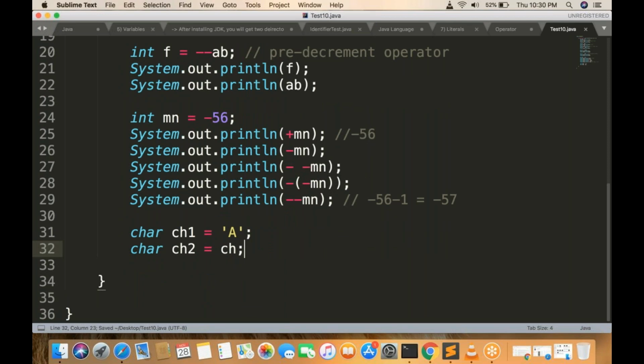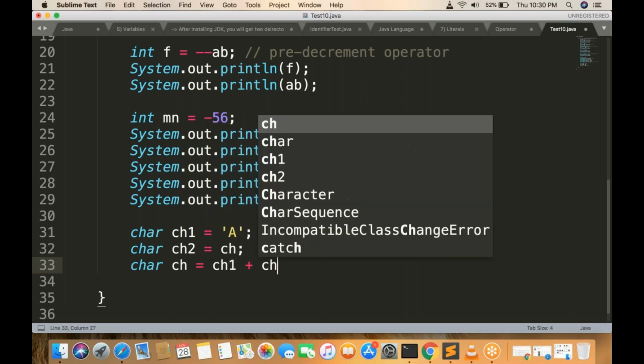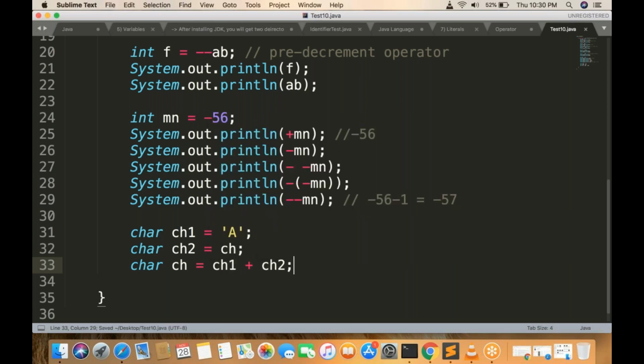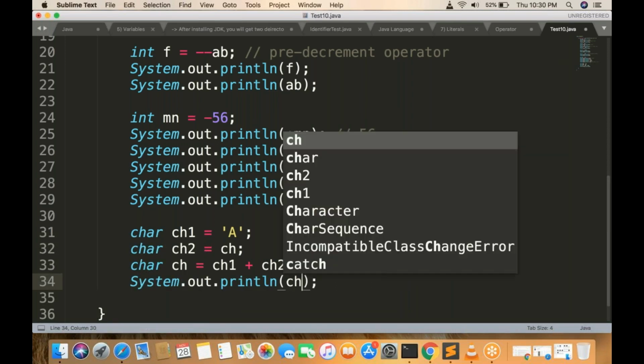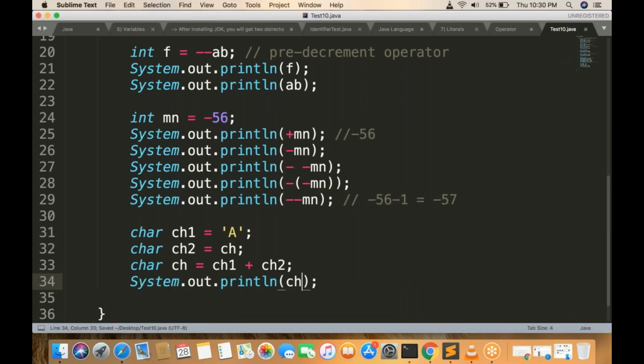So if I'm doing char ch is equal to ch1 plus ch2, is it valid or invalid, and I'm printing this ch also. Now tell me what it will print. Can you please confirm? What will it print?